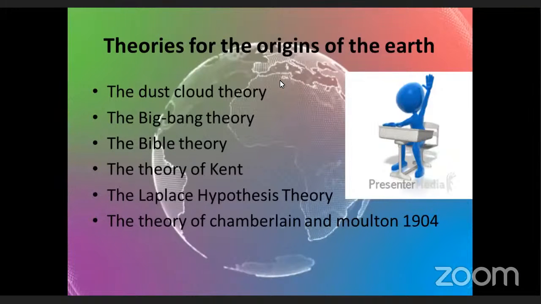It means that after here, we want to see the origin of different continents, the origin of the earth. So these theories happened before the continental drift theory. From here, we shall see the continental drift and different theories that were raised by many scientists. Okay, someone is asking where these theories belong. These ones belong to the origin of the earth.